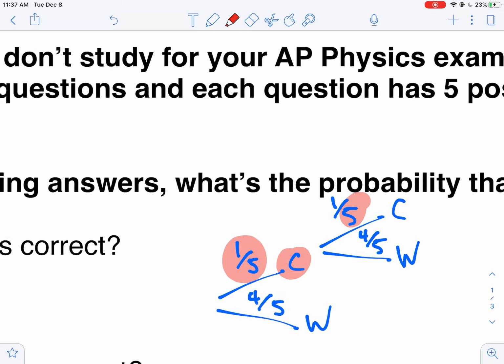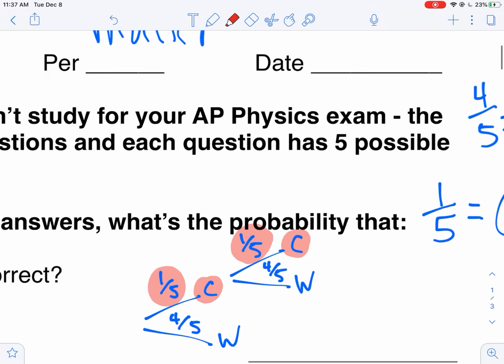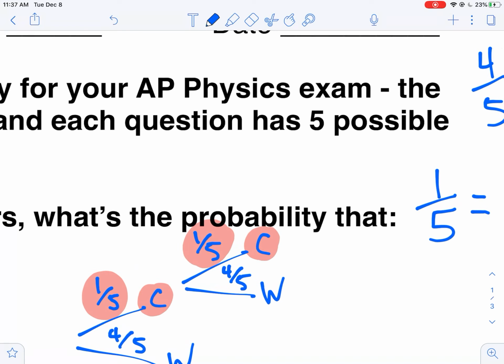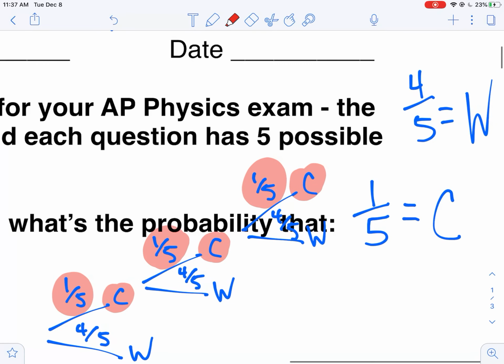Again, I'm only caring about getting it correct. Okay, third question. 1 in 5 chance you get it right, 4 in 5 chance you get it wrong. I can keep going, building off of these correct branches until I get all the way up to 10, in this case.